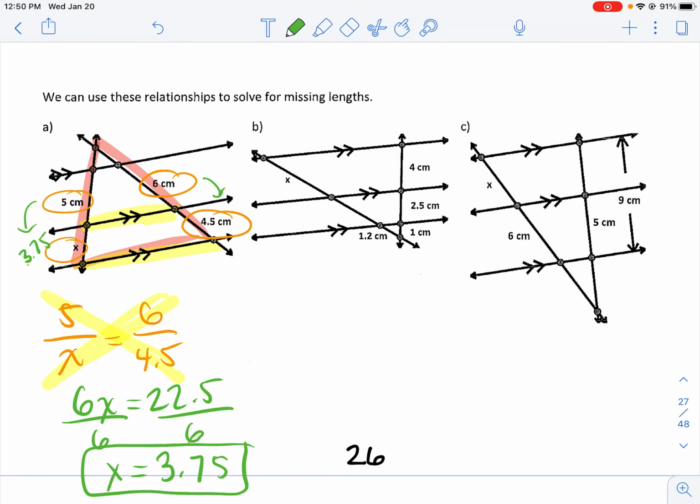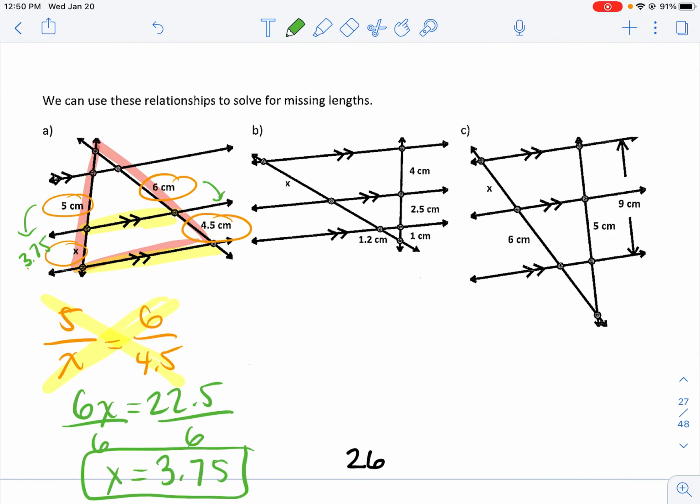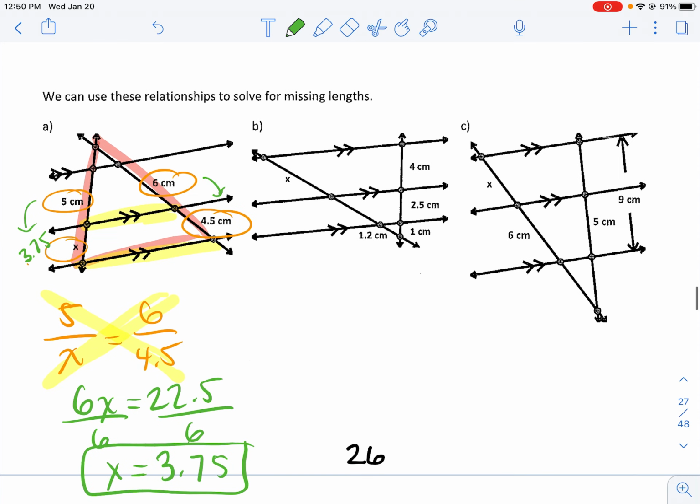Okay. Now this one here is a little bit. Actually, I don't want to. Which one do I want to do? Yeah, I wanted to do C, because we don't want to go too crazy with today's lesson. So if I look at C, guys, I'm going back and forth and thinking, what am I going to compare this to? Well, I see that this whole length is 9, so I'm just going to write 4 centimeters in here, right? Doesn't really require us to do that much extra work, but just so you see that step.